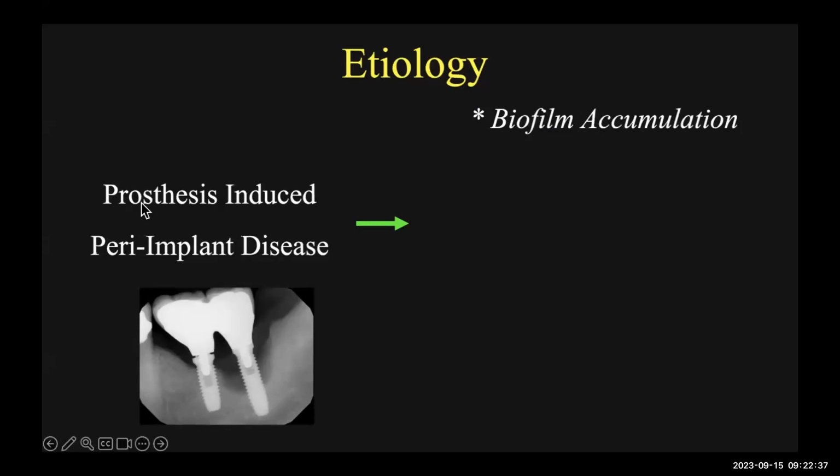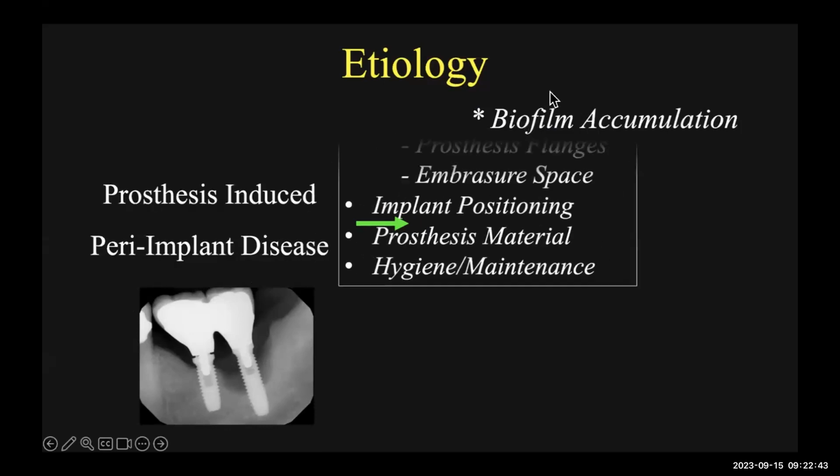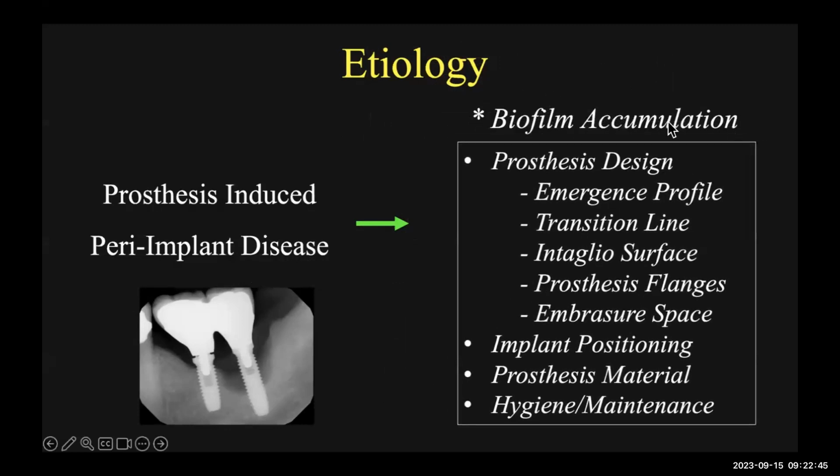So if we look at what I call prosthesis-induced peri-implant disease, it all starts with biofilm accumulation, and then there are different aspects of the pathogenesis of this. First, we're going to talk about the prosthesis design, specifically the emergence profile, transition line, intaglio surface, prosthesis flanges, and then embrasure spaces.